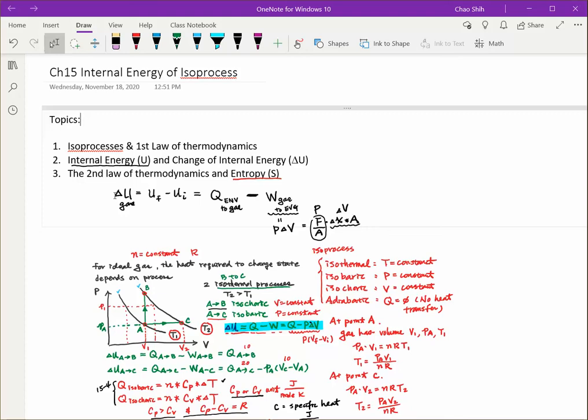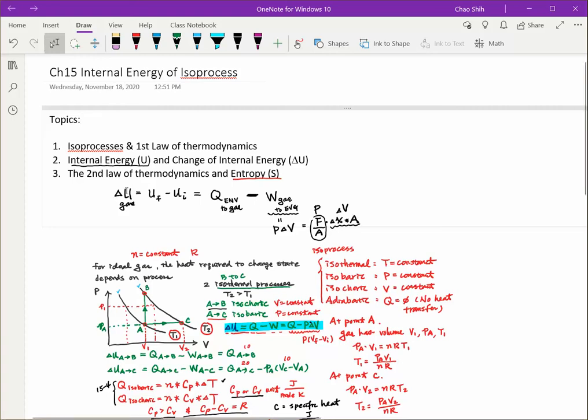If you give heat to a gas, just by thinking about it, you certainly know that when you add heat to the gas, you are going to increase the internal energy. So this Q is proportional to the internal energy change. The internal energy change means the final internal energy minus the initial internal energy.